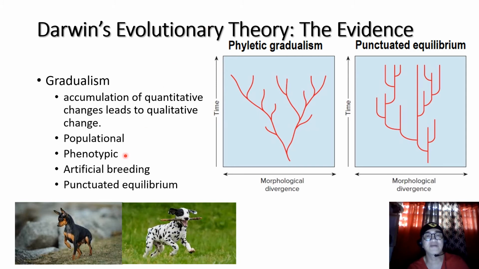Then there's also phenotypic gradualism, which occurs when strikingly different traits from ancestral ones are produced in a series of small incremental steps accumulating over hundreds to thousands of years or generations. Not all phenotypic changes, however, are small incremental ones.